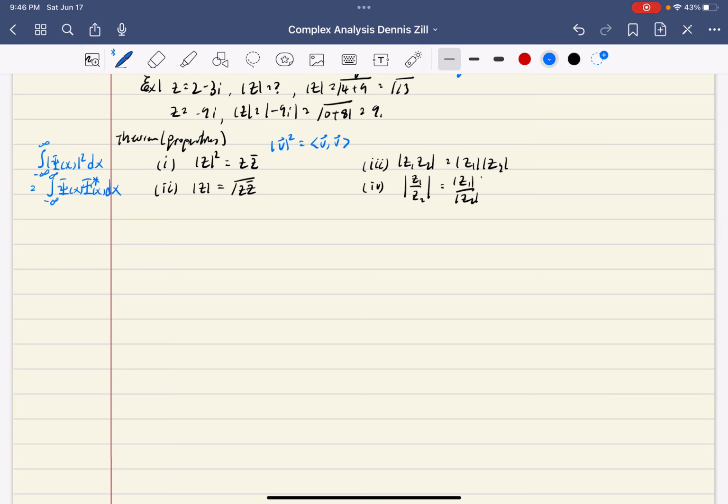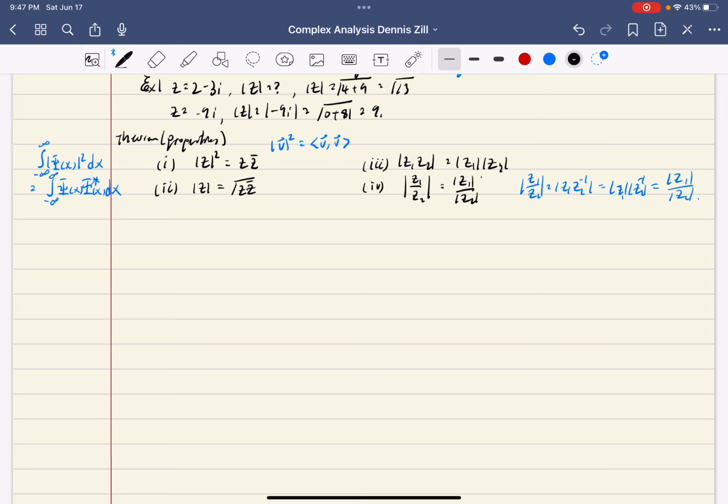Well, I think this is equal to the product of these two minus 1, and the product can be written as z2 to the negative 1, or distributed. I think this is the proof, that is equal to z1 z2. There, some proofs.